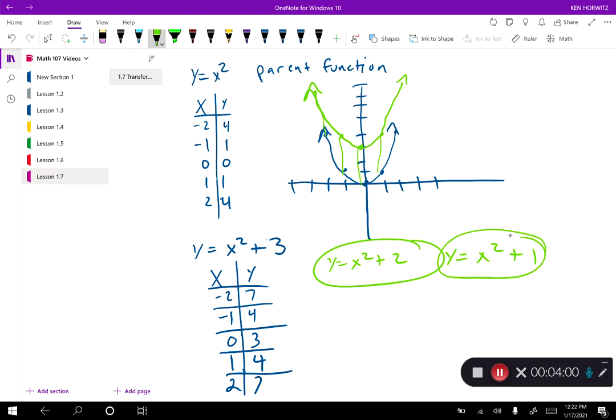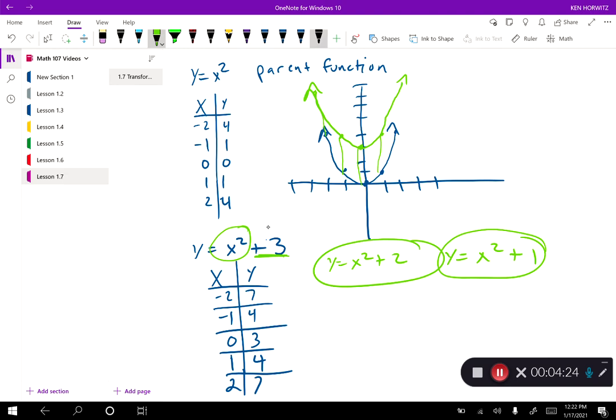Here would be translated up 1 unit from the parent function. So we can say when it's adding something outside of your parent function, my parent function is x squared, I'm adding something onto the end of my parent function. It goes up that many units. So in this example, my function is translated up 3 units.